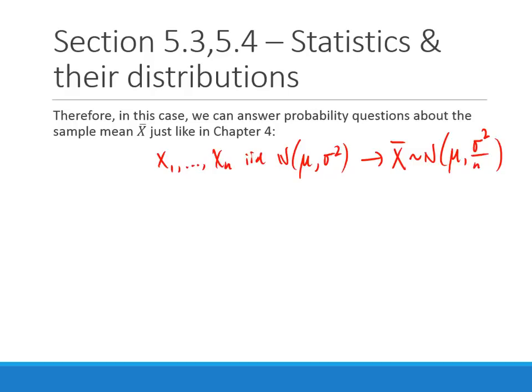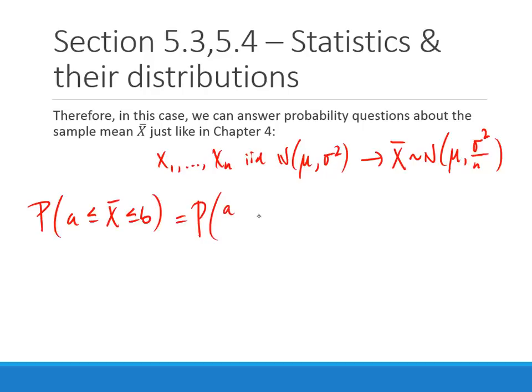So now what if I want to ask a probability question about the sample mean, for example the probability that the sample mean is between two numbers? Because x bar has a normal distribution, we can do exactly what we've done before. We can standardize, so we can use the table to find probabilities here.